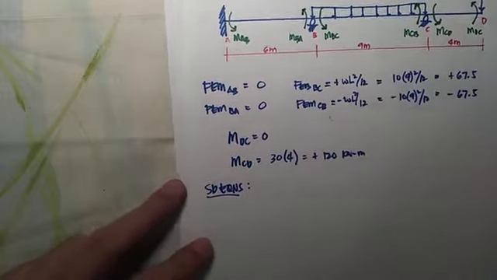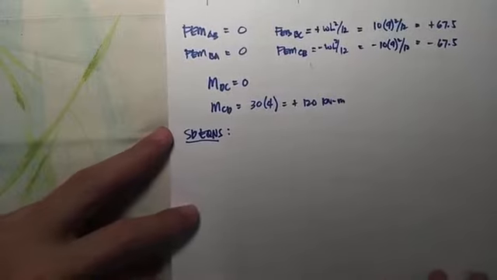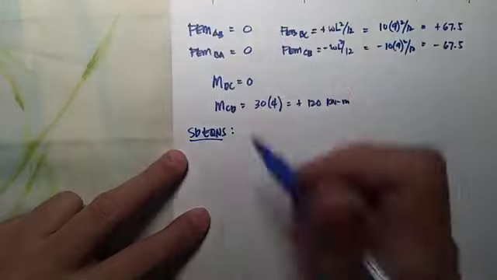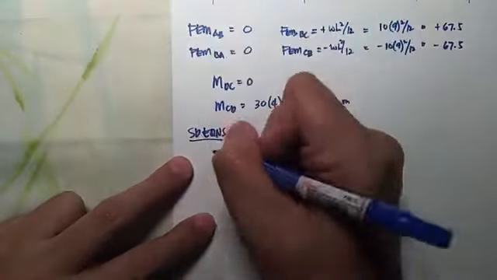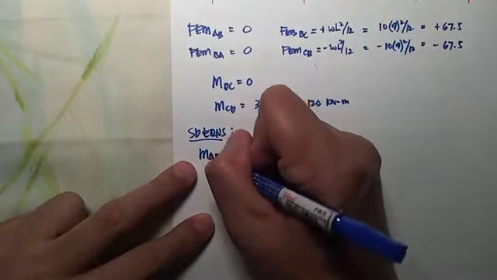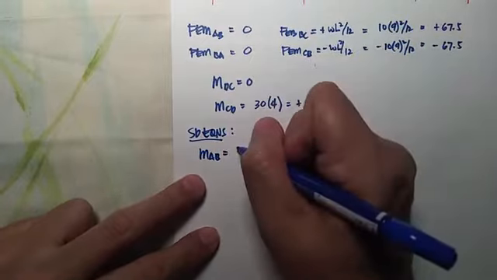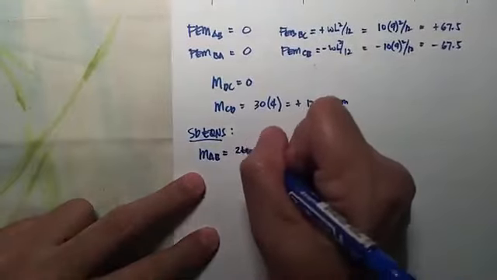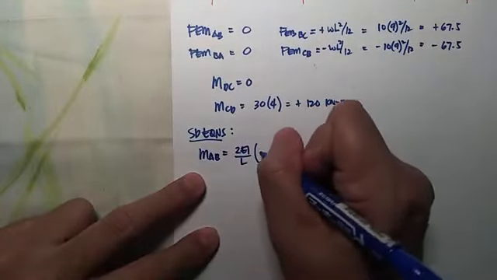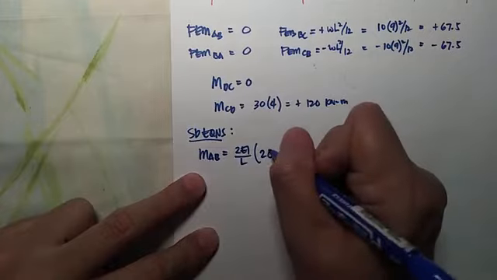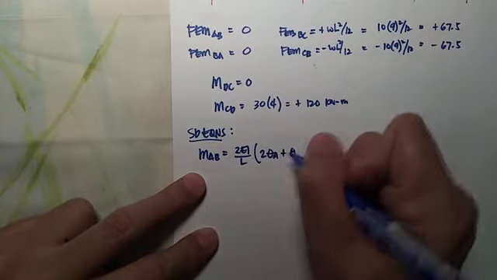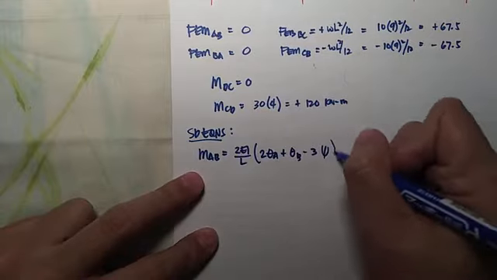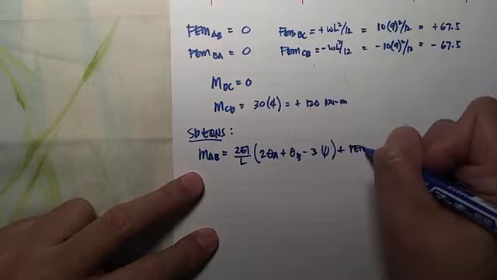Slope deflection equation. Let's start with segment AB, with MAB. The general equation is MAB equals 2EI over L times twice theta at the near point A plus theta at the far point B minus 3 psi, plus the FEM on AB.